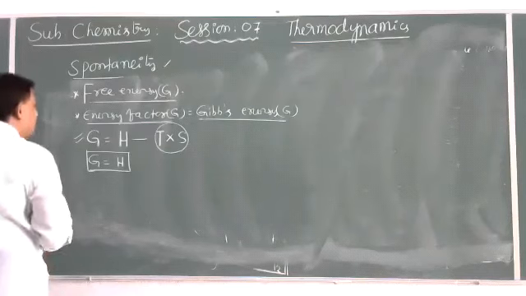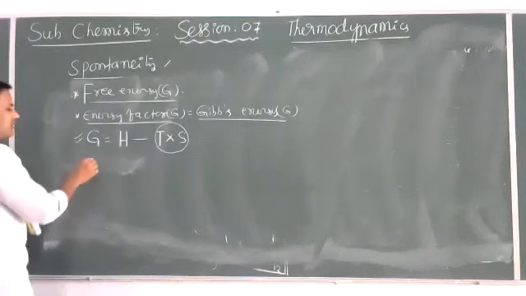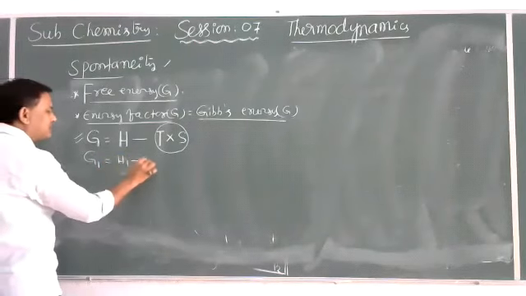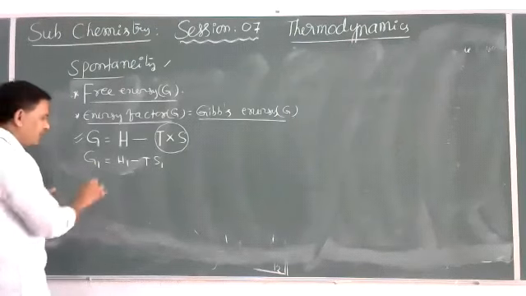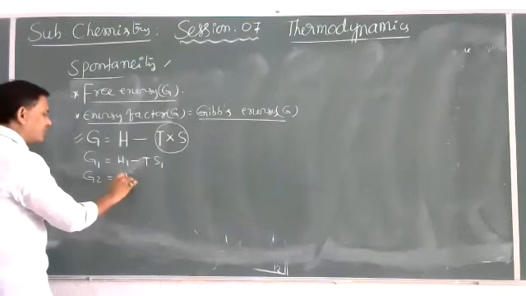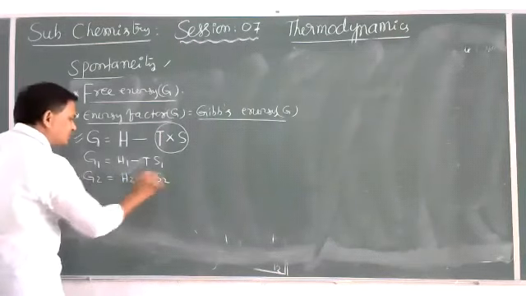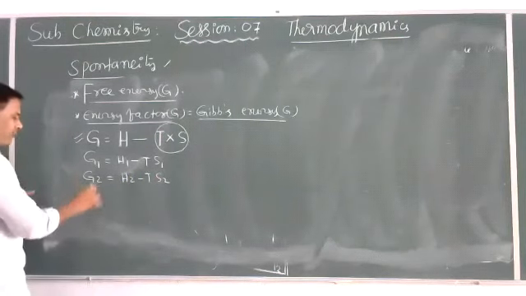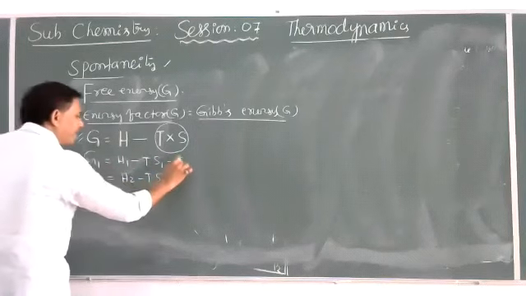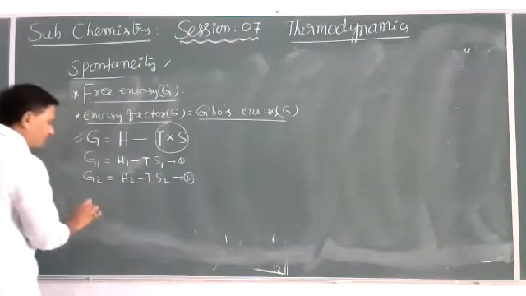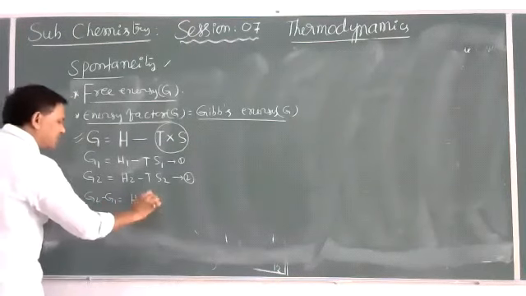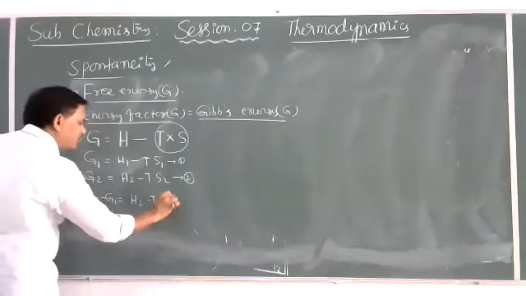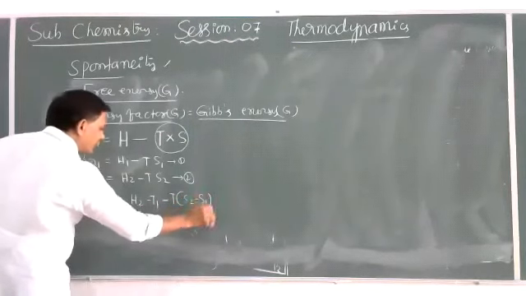Now by using this, initially this is denoted as G1 is equal to H1 minus TS1. Temperature remains constant. In the final state, G2 is equal to H2 minus TS2. To get the difference, equation 2 minus equation 1, so G2 minus G1 is equal to H2 minus H1 minus T into S2 minus S1.